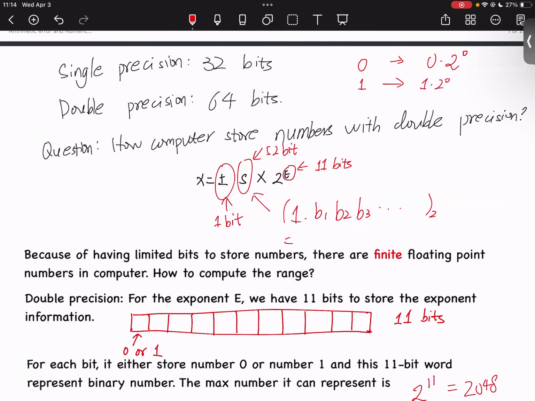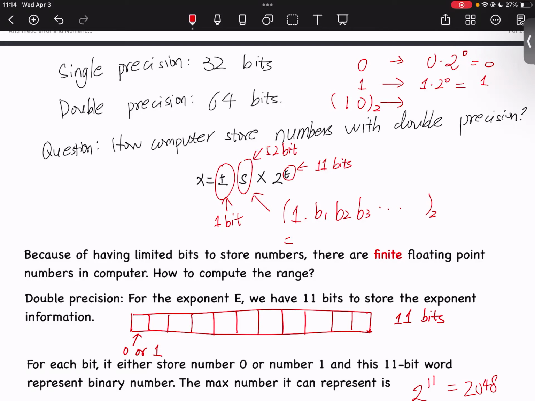If we have a binary representation like 1 0, what is the 10-base number?